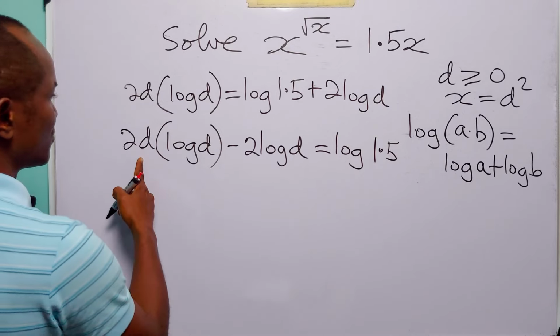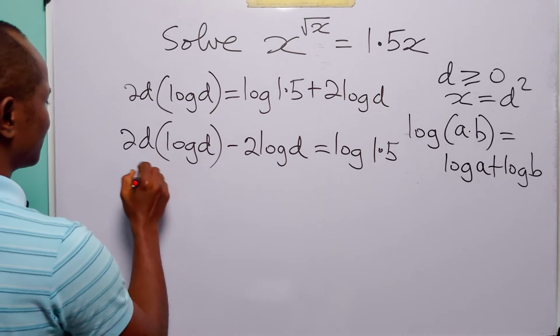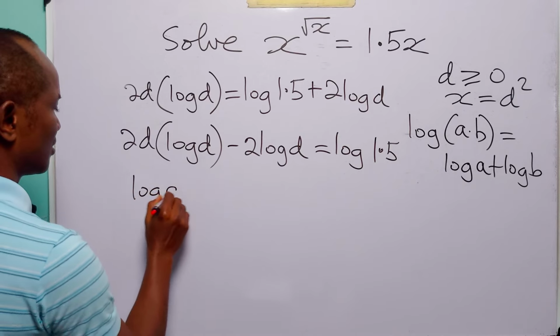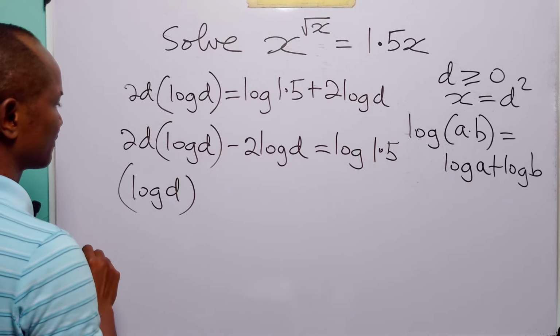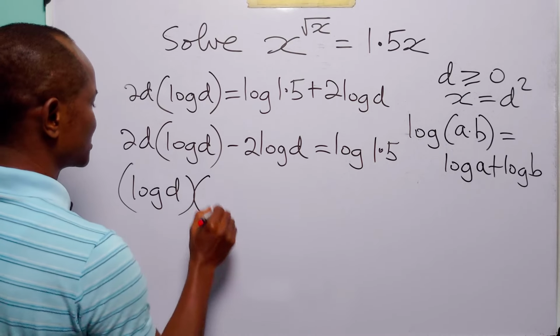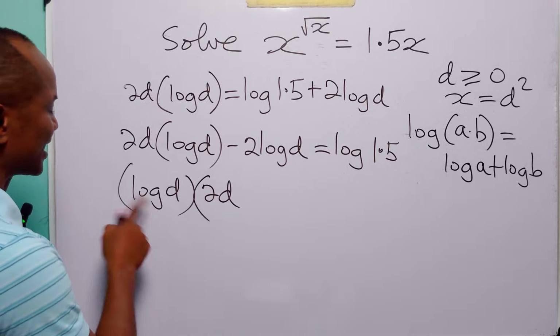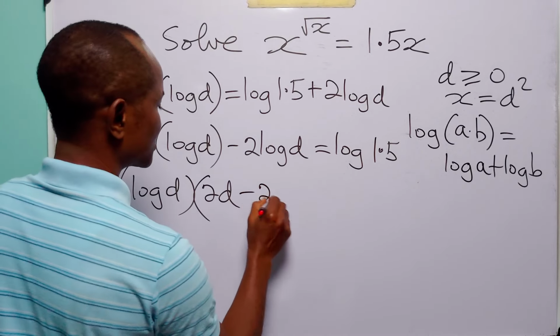1.5. We can factorize this equation. When we do that, we have log d times (2d minus 2). Now, 2d times log d divided by log d, of course, gives us 2d, and 2 log d divided by log d gives us 2.